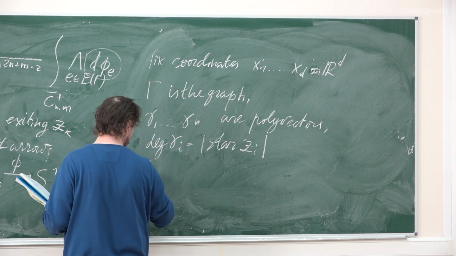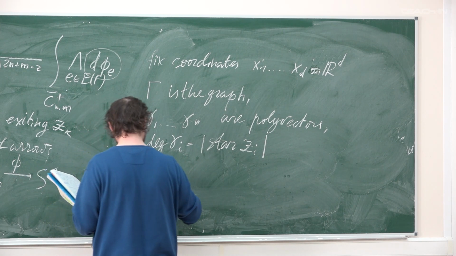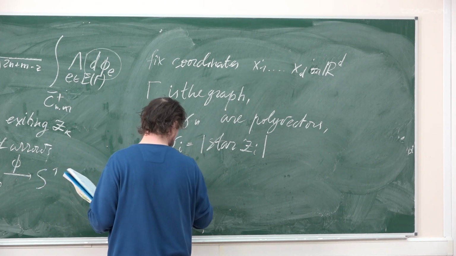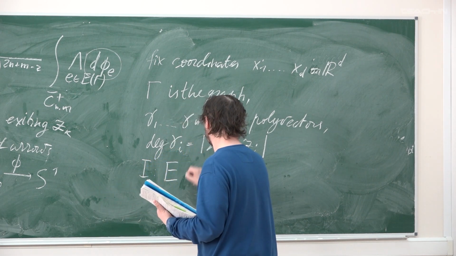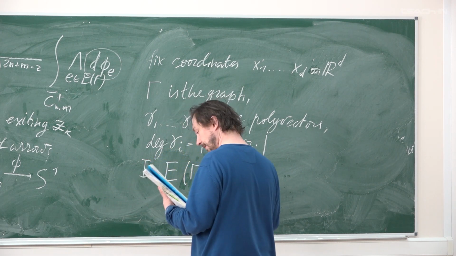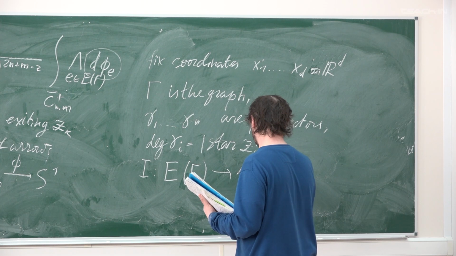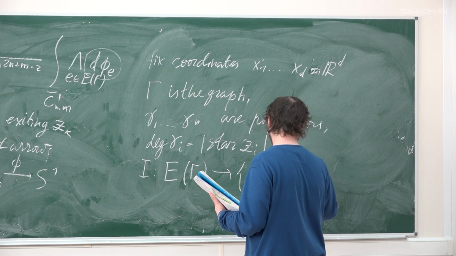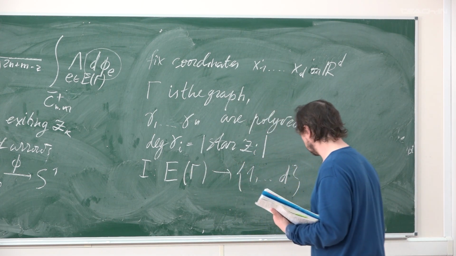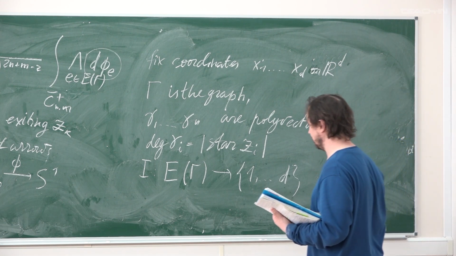Consider the map I from the set of edges of the graph into the set of natural numbers 1 through d. D is a dimension, as you see.